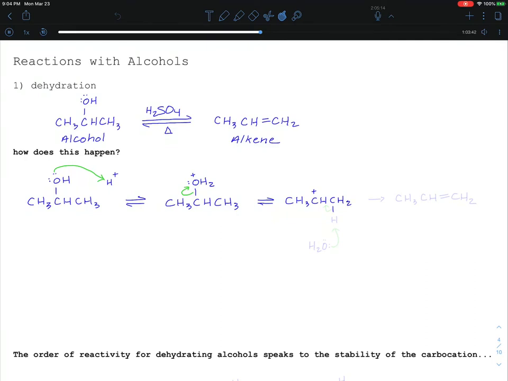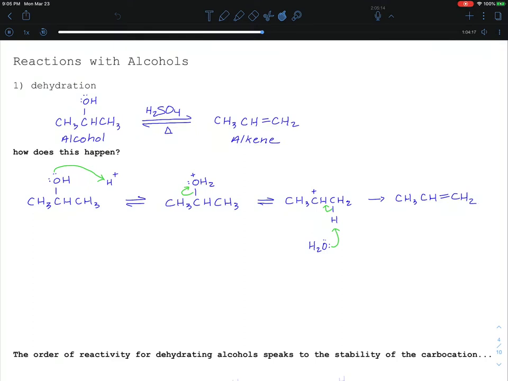Let me draw this just a little bit more suggestively here, because I've got some water floating around in here, and you can use it as a base to take the hydrogen off of the carbon that's next to the carbocation.